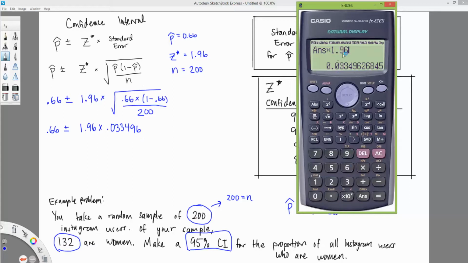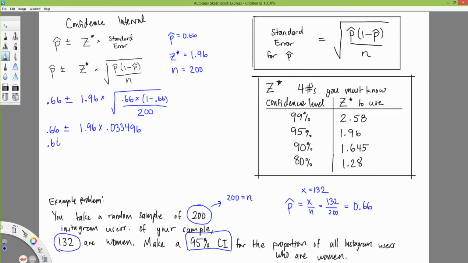Multiplication, the order doesn't matter, so I can say take the answer and multiply that by 1.96, and I get 0.06565, okay? So I'm just going to round that to 0.066. Is that okay? 0.066. So I have 0.66, so oddly enough, 0.066, okay?